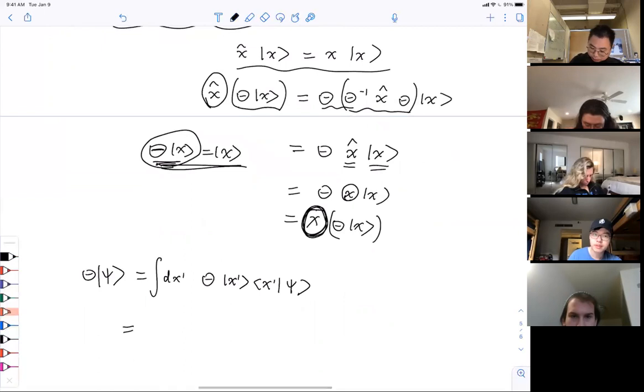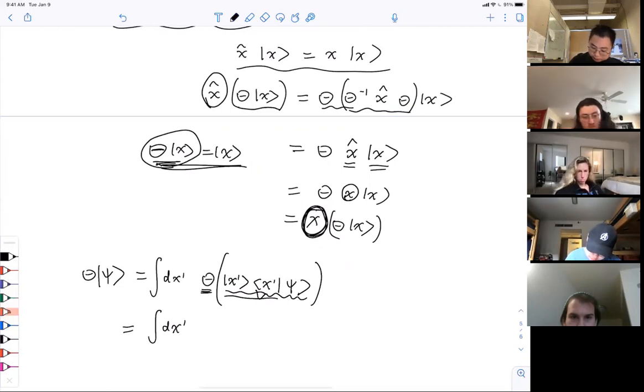I just insert the identity. Remember, this is just a number, so under the time reversal operation it will give us the complex conjugate.